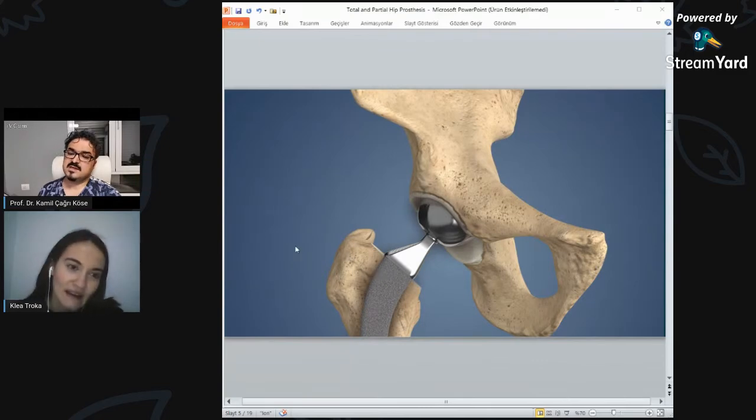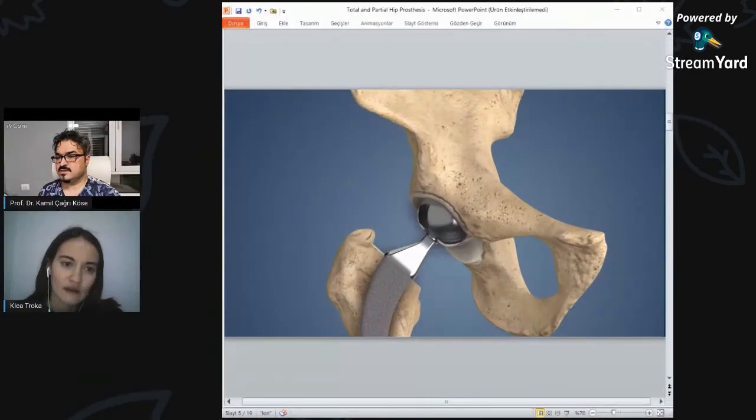Yes. And in this picture, you can see that the stem is in the bone, and sometimes people ask us, if the fracture doesn't heal, how does the prosthesis stay in the bone? I mean, how do you fix the prosthesis in the bone?